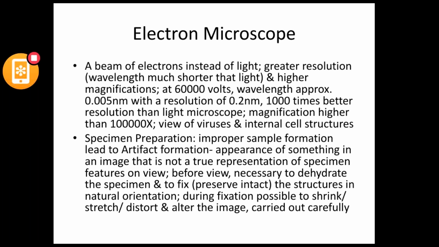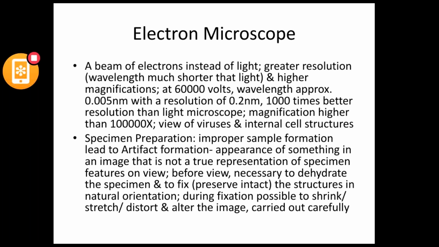Hope you remember. You are just passing the slide over the flame so that the smear will fix on the slide. It will not come off the slide, so that you can perform staining one by one: crystal violet followed by gram's iodine, followed by alcohol or acetone, followed by safranin. That's why you are doing heat fixation. That is in light microscopy.